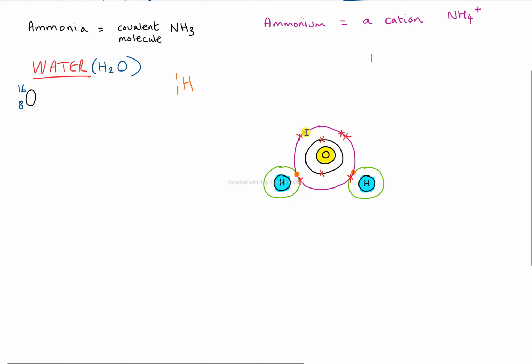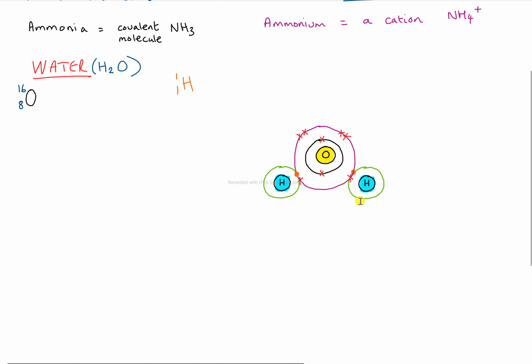Now you've got 1, 2, 3, 4, 5, 6, this dot, 7 and 8. Because this oxygen now has got a full outer shell. It's got 8 electrons. So it's happy. It's trying to become full so it's more stable. So now we've got a water molecule where they've paired them up.